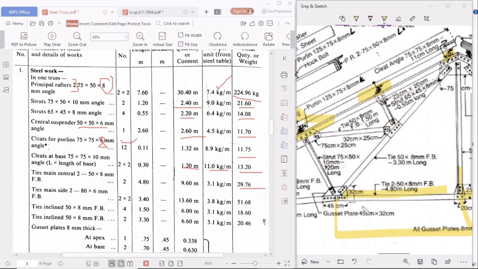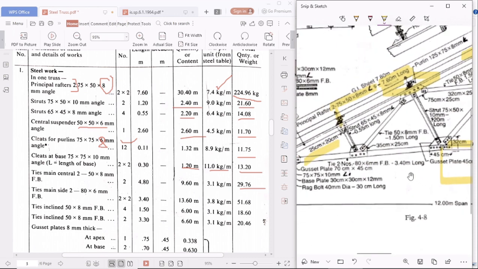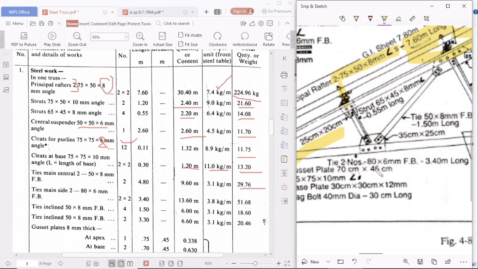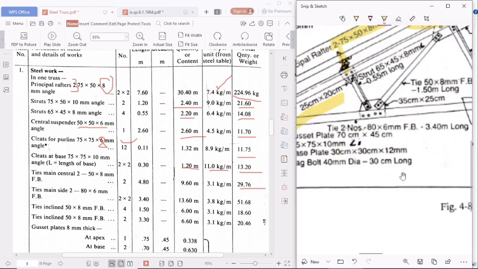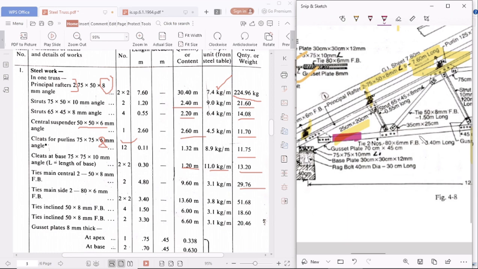Next, tie of the main side. So the tie at the main side means here, see, ties two numbers. Okay, there are two ties, this one and this one. How much are they telling?